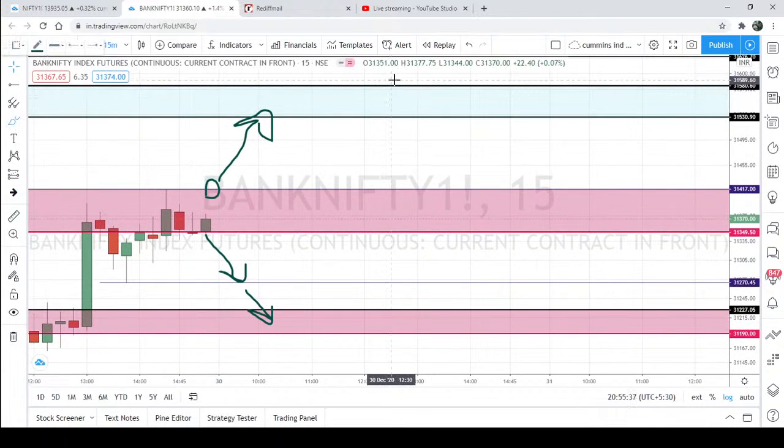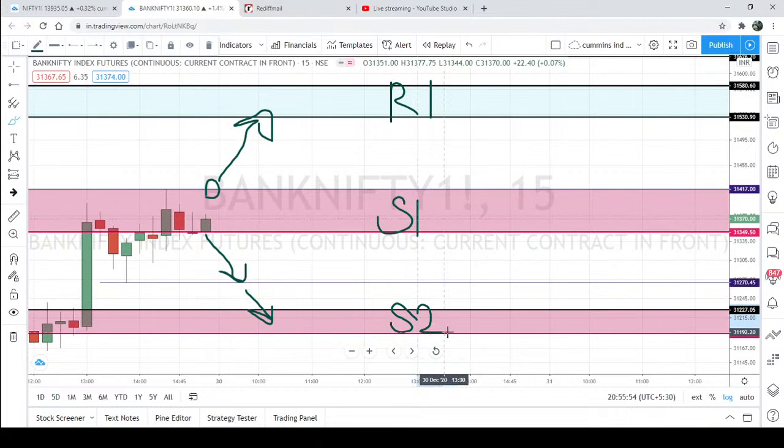Okay, for tomorrow this is going to be my R1 zone, resistance 1 zone. This I will call support 1 zone for now, because it has closed within this zone. This is S2. Now let's check where our S3 is as well.